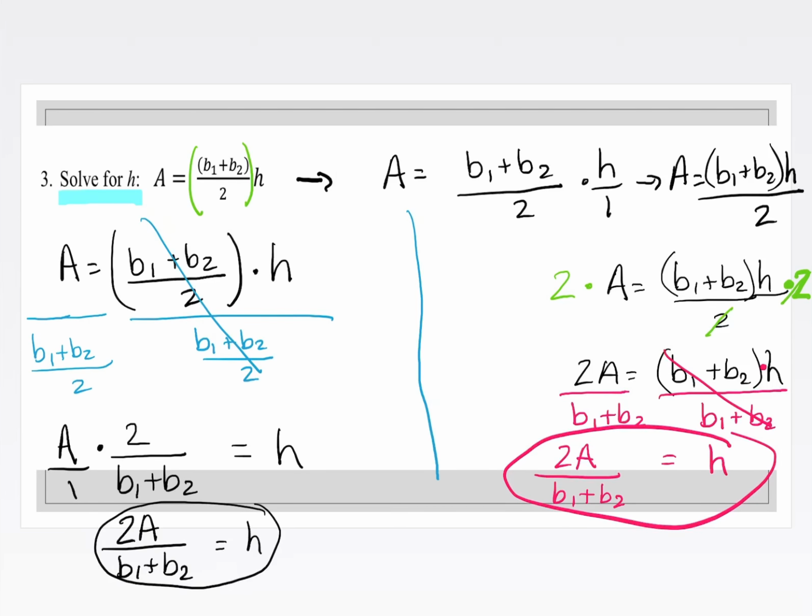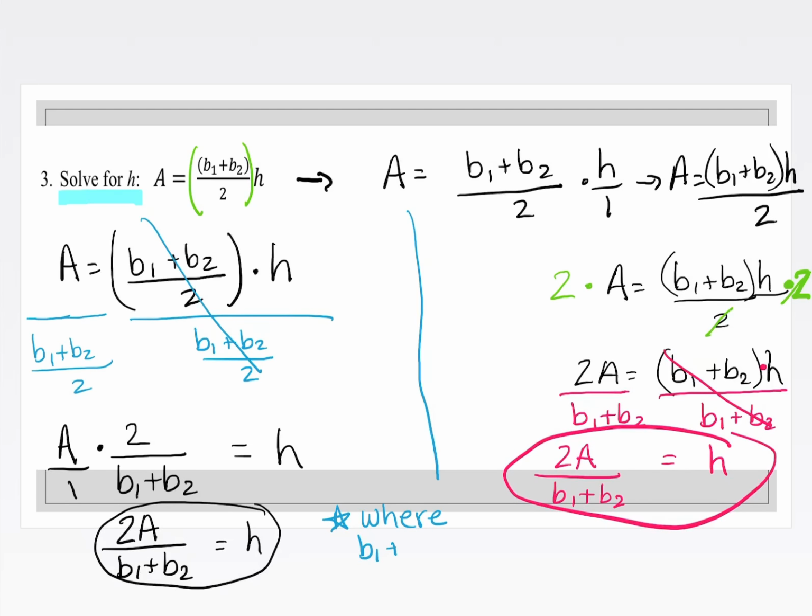Now, a quick thing that I do want to point out is something that we do have to mention. Because we are dealing with a fraction, we can never divide by 0. So we have to make sure, write a little note to ourselves. There's an exception.